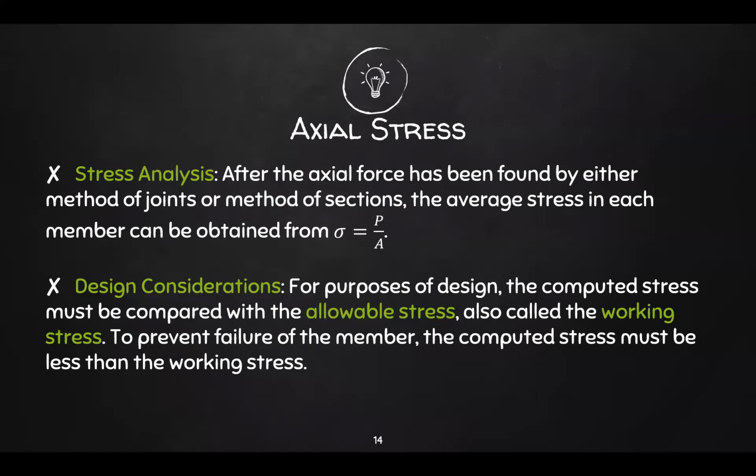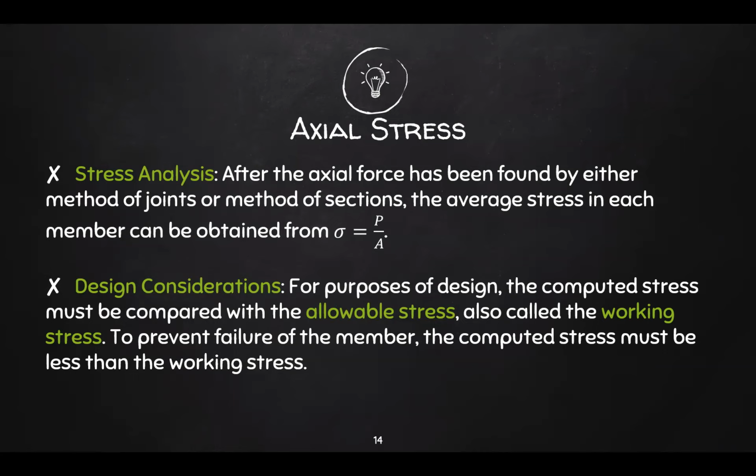Okay? And then we have a few design considerations. For purposes of design, the computed stress must be compared with the allowable stress, also called the working stress. To prevent failure of the member, the computed stress must be less than the working stress. Okay? Or also known as your design stress.